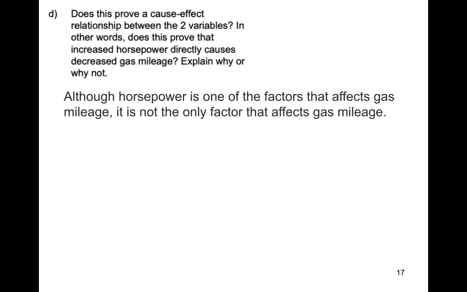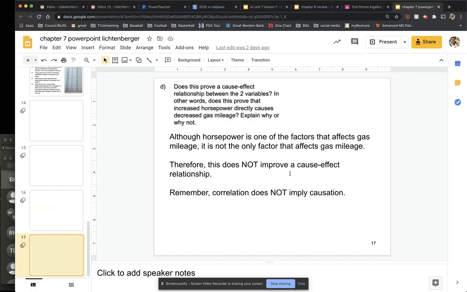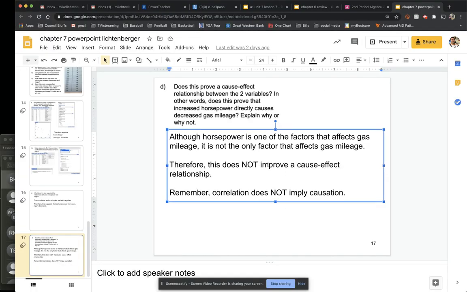This goes back to correlation does not imply causation. So yes, is horsepower a factor in affecting the gas mileage? Of course. It is one of the factors, but we know that it's not the only factor that affects gas mileage. So this does not, and that's a typo, that should say this does not prove, not improve, this does not prove a cause-effect relationship.